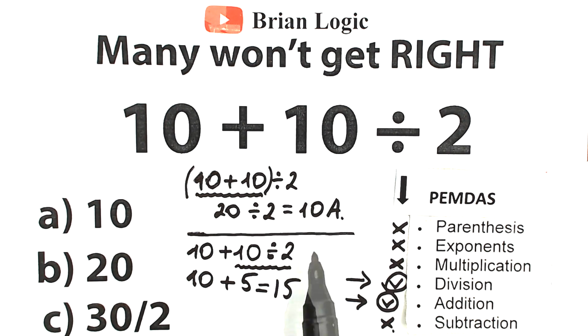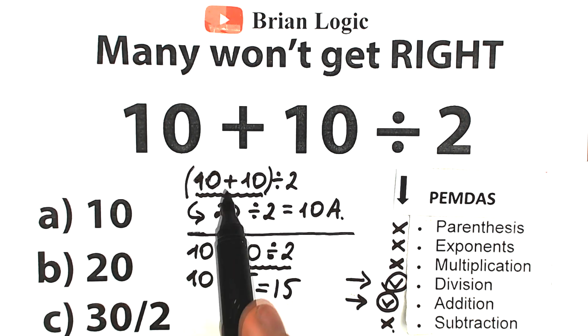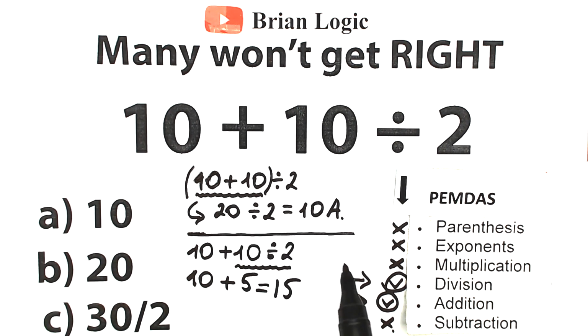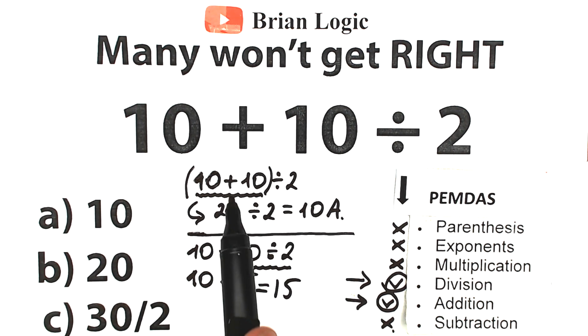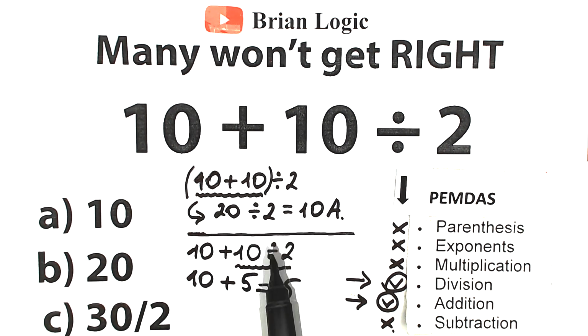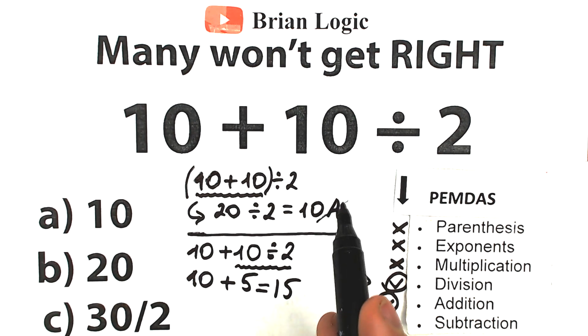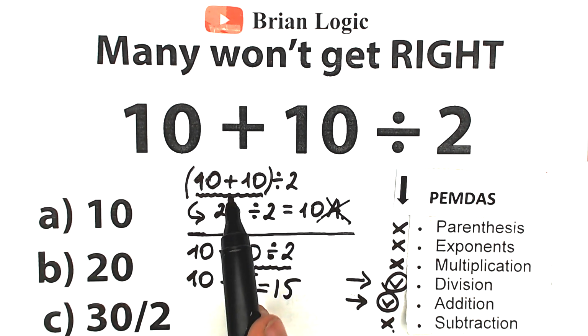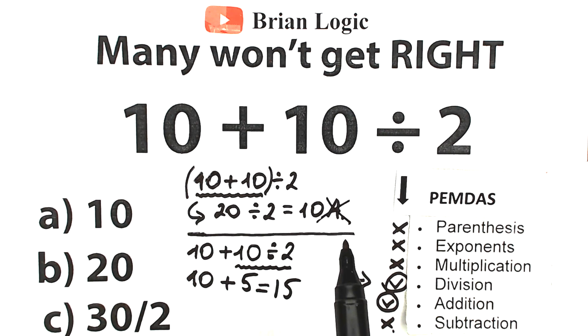We should start from these parentheses, and then addition would be before division, because addition is inside parentheses, which is a really important step. So this would be okay with parentheses, but in our case we don't have any parentheses, any brackets, so we just skip this step. Option A is an absolutely wrong solution. 10 is the correct answer with parentheses. In our case we don't have any parentheses, so we just reject this 10.